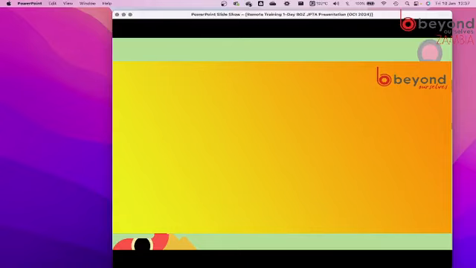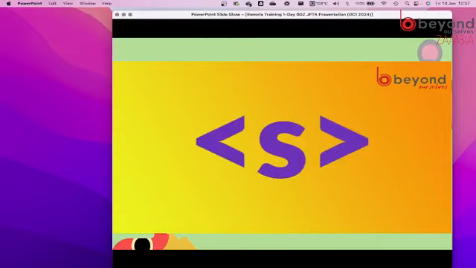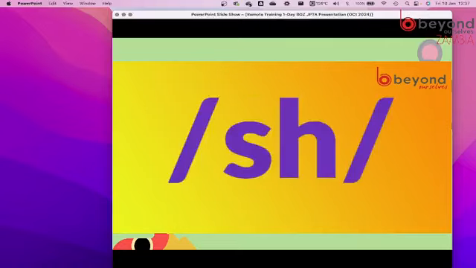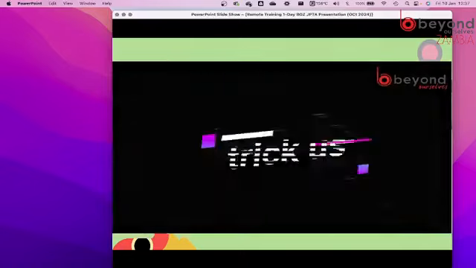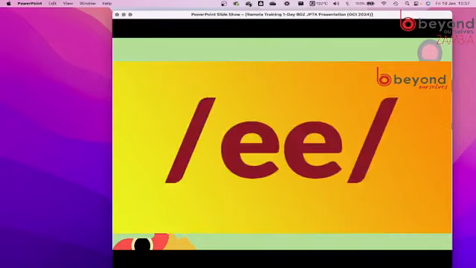The first 2 letters are regular. It's a digraph where the 2 letters, letter S and letter H, are making one sound, sh. But the last letter, letter E, isn't making the sound eh. Instead, it is trying to trick us by saying its name instead, the long vowel sound, which is E.